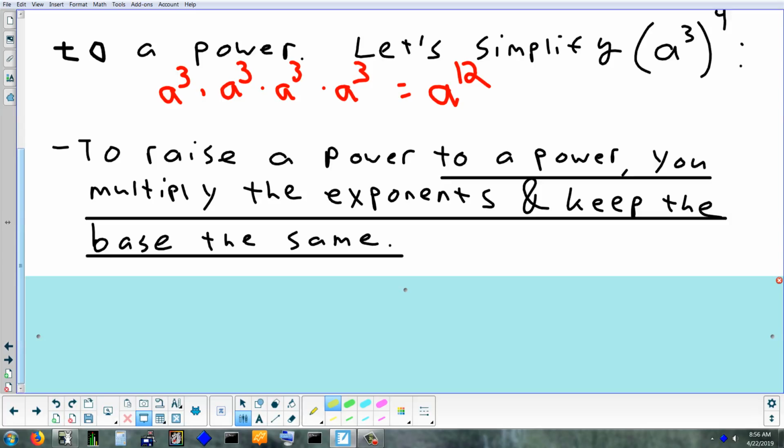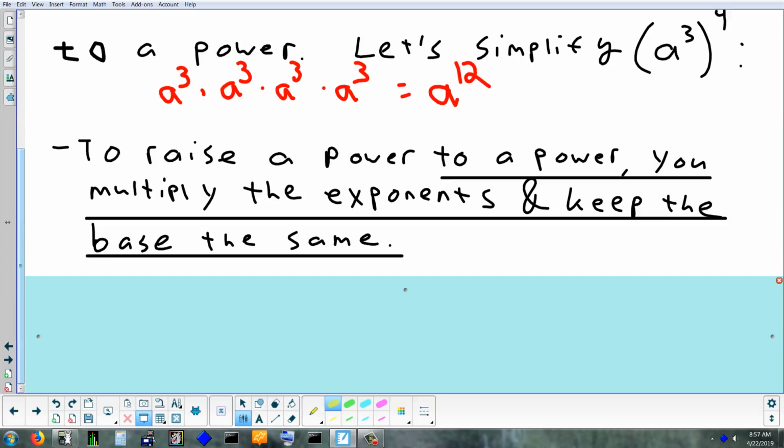But it's different when there's an exponent written outside the parentheses on the right-hand side: you just multiply. When there's no exponent on the outside of the parentheses, add them together like normal.